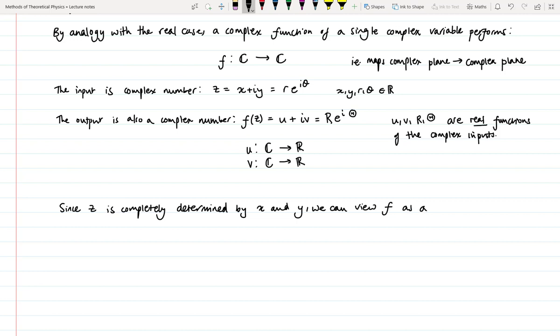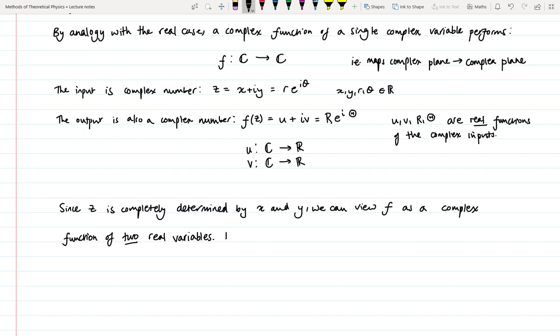So we can view f as a complex function of two real variables, because the single complex number z is described by the two real variables x and y.